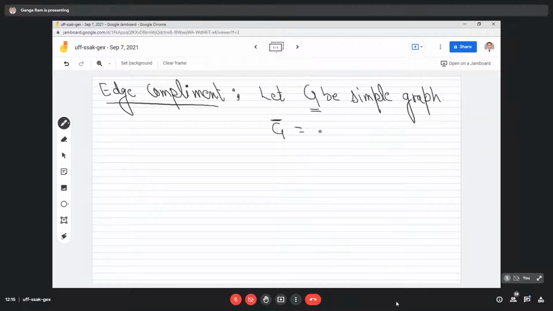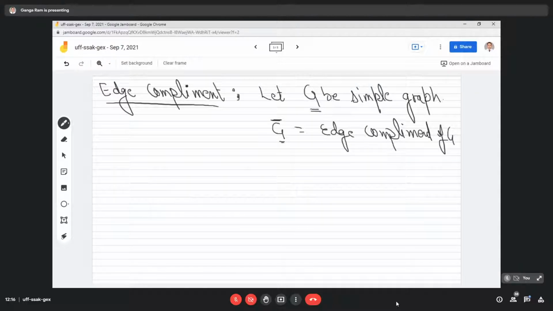This notation is the edge complement of G. So what are the vertex set and the edge set of G bar? This is the question. If you know the vertex set and edge set, then you can easily define the graph. Is it okay?